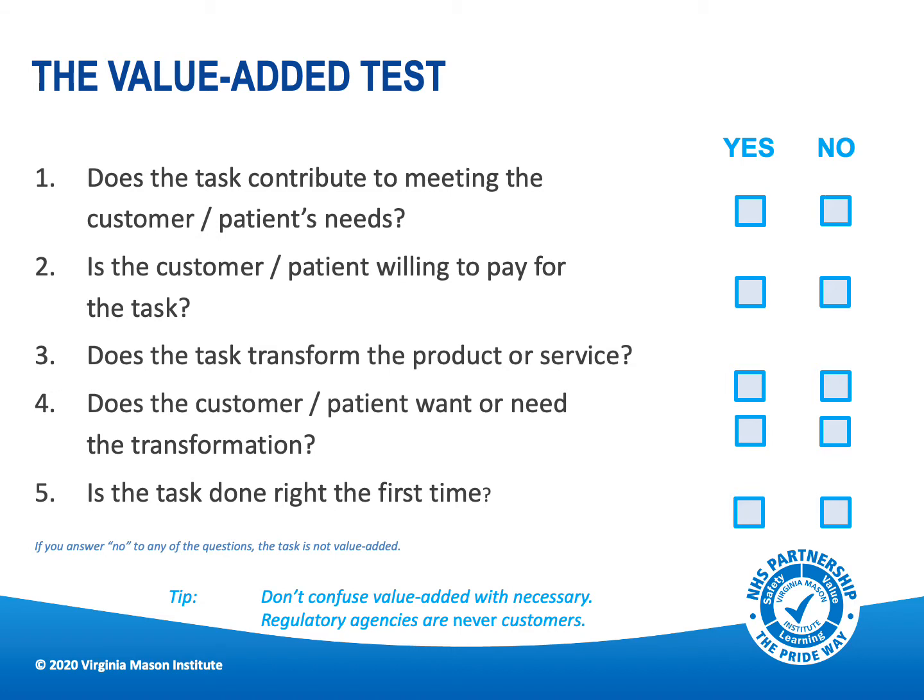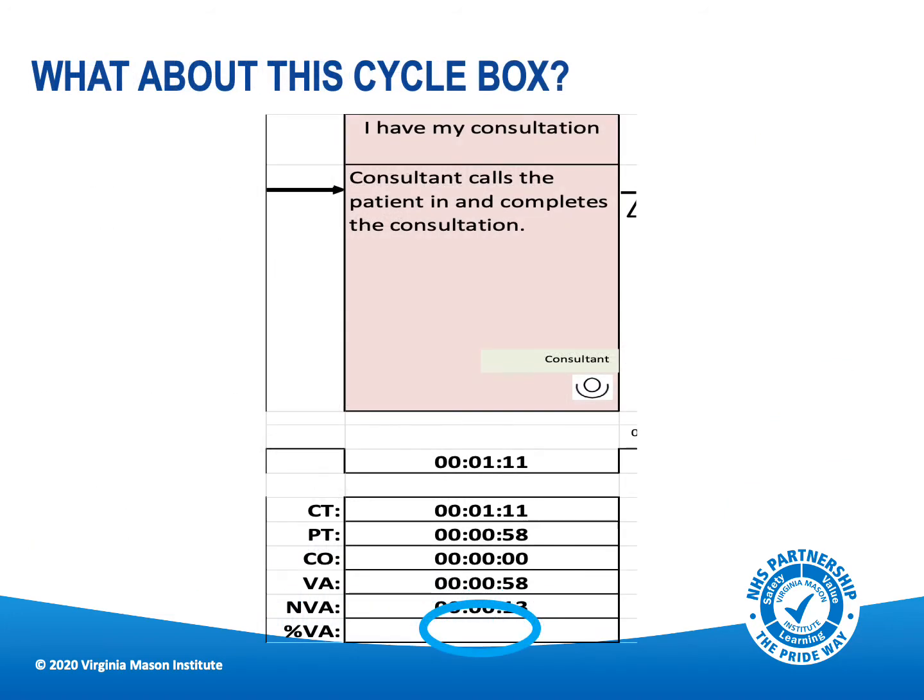Don't forget to always start at 0% value added and work your way up to identifying what is value added, rather than starting at 100% value added and reducing this down as you identify what is not value added. For this example, the KPO team have decided that 58 seconds of this part of the process were value added and 13 seconds were not value added.